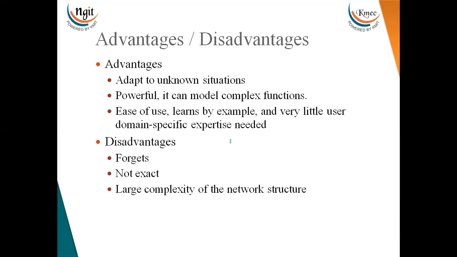The main advantage is that once your model is trained perfectly, you can use it for any application. But what is the disadvantage? It is not storing the predicted value. It is forgetting, it may not be that accurate, and the network is complex. So these are the disadvantages of the artificial neural network.